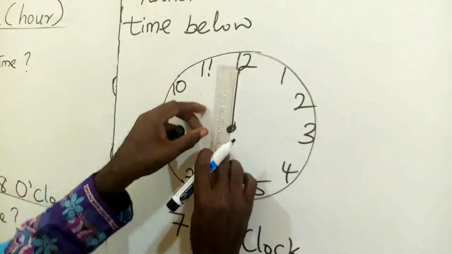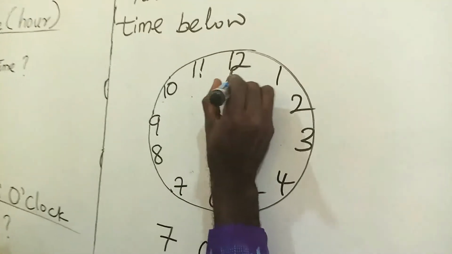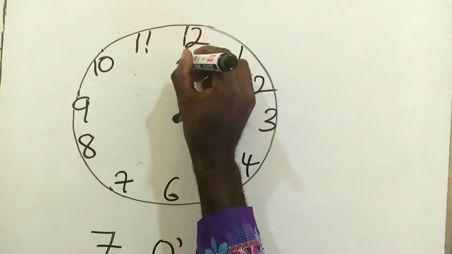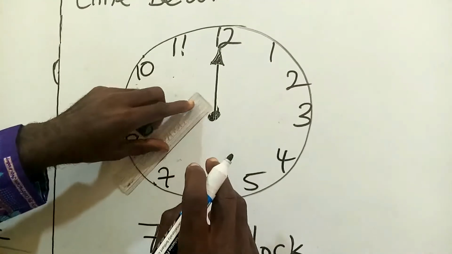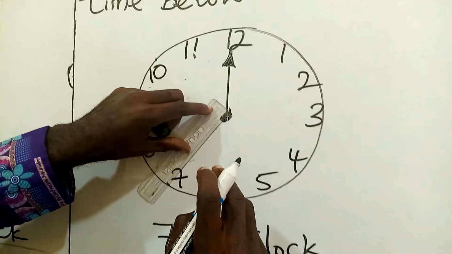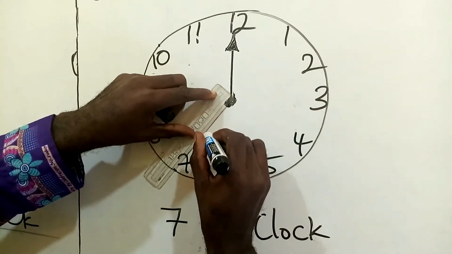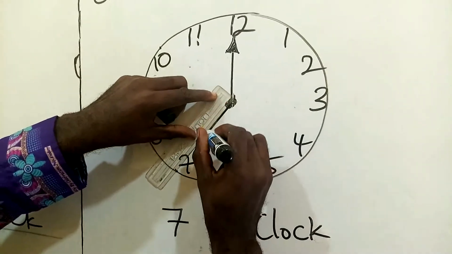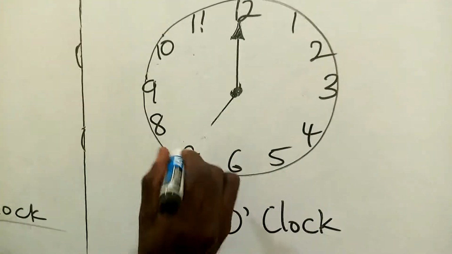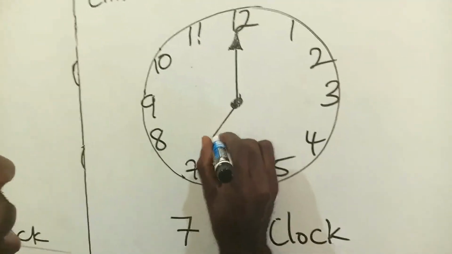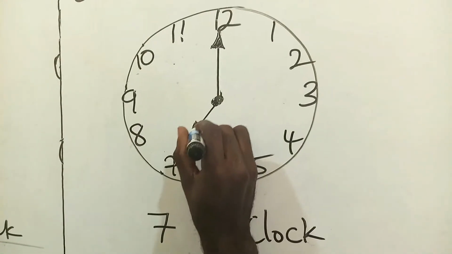Alright? And then the short hand should be drawn directly to 7. Please, while drawing, ensure that the long hand and the short hand don't look the same, or they shouldn't be of the same length.